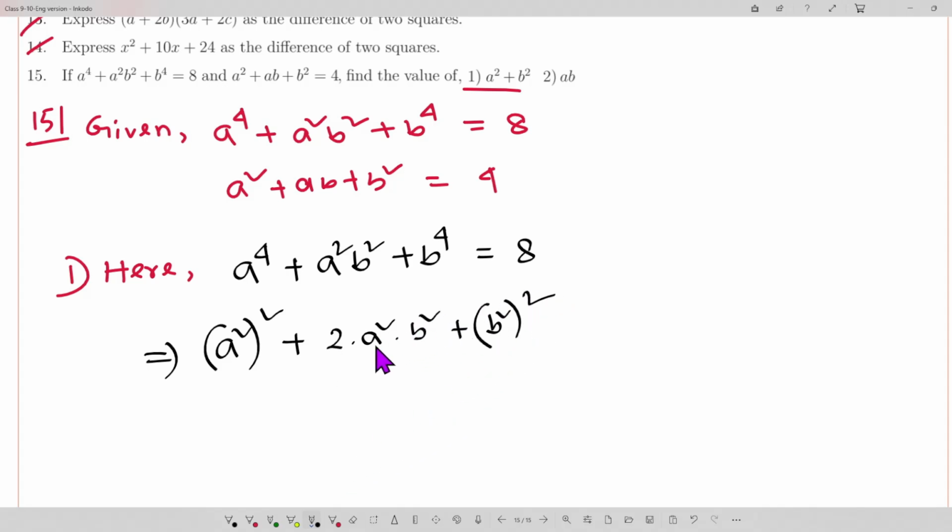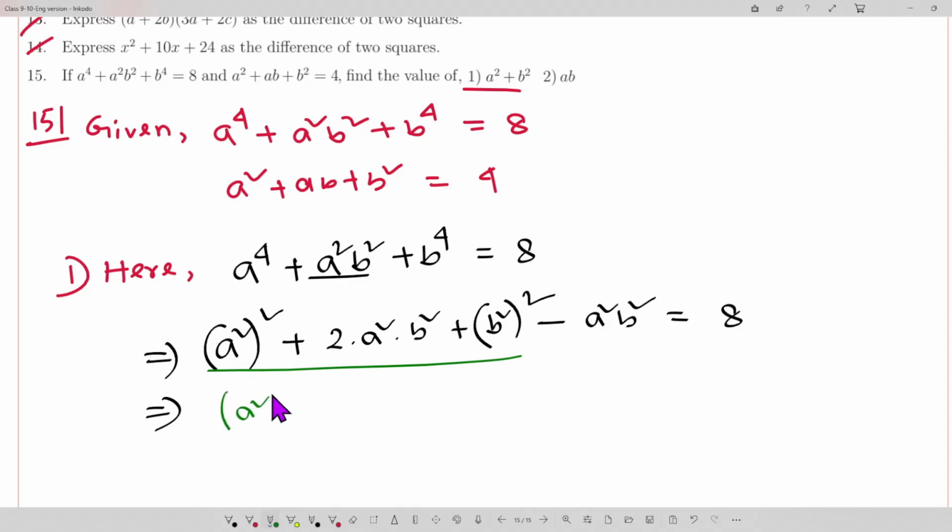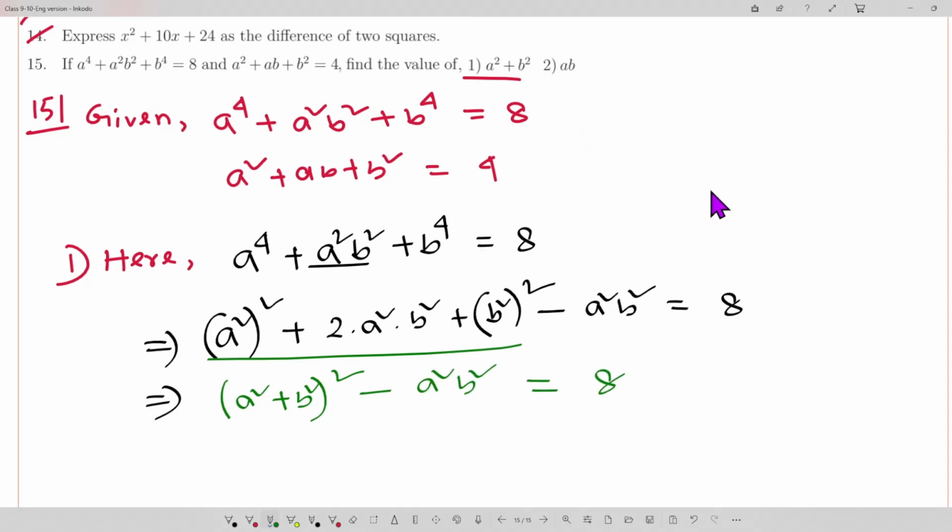But here we have a squared b squared, so we can write minus a squared b squared equals 8. So we can write (a squared plus b squared) squared minus a squared b squared equals 8.